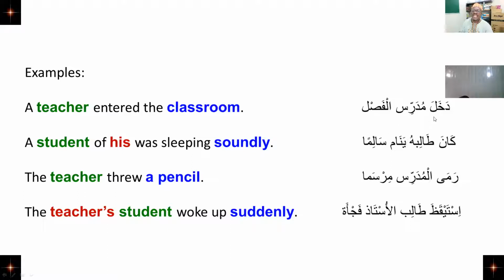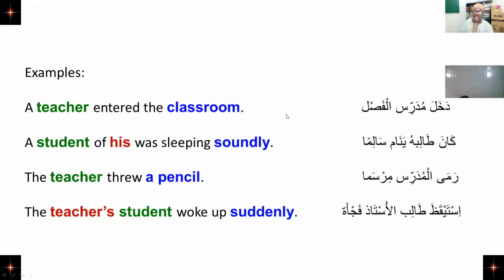Okay, but if I say dakhala mudarrisul fasli, if I should put only a light here and say mudarrisu al-fasli, then it means the teacher of the class. Then this one changes from being the done to a word after of, right?